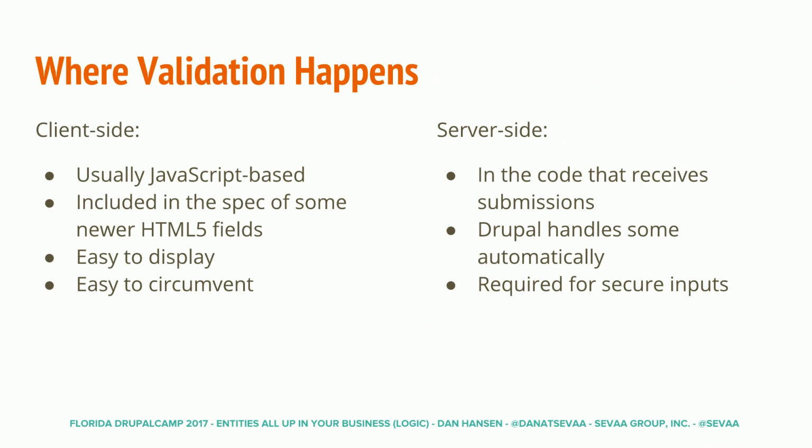For secure inputs, you have to do server-side validation, and it can be a real big black box for users if it's not correctly handled. What I mean by that is you have to push out some sort of errors or messages that really describe what the problem is with the data to make it useful for anybody to submit to it.